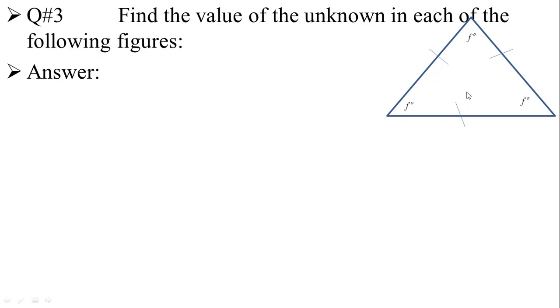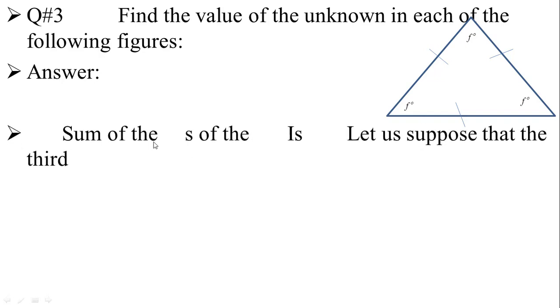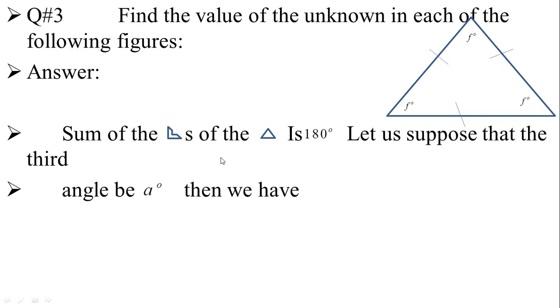We can write f degrees and f degrees. The sum of the angles of a triangle is 180 degrees. Let us suppose that the third angle is f degrees. So we can write that f degrees plus f degrees plus f degrees is equal to 180 degrees.